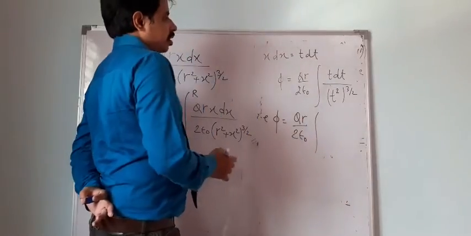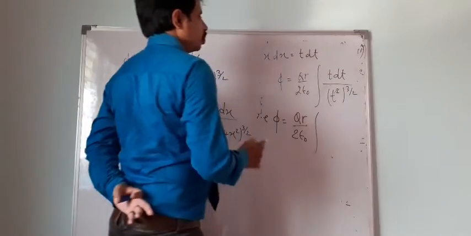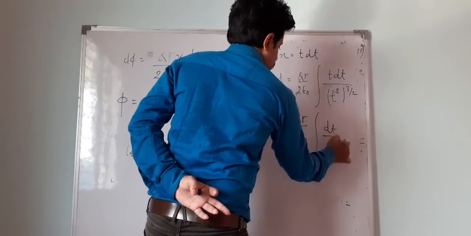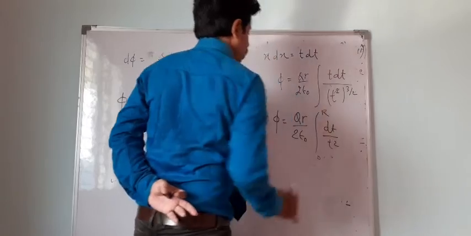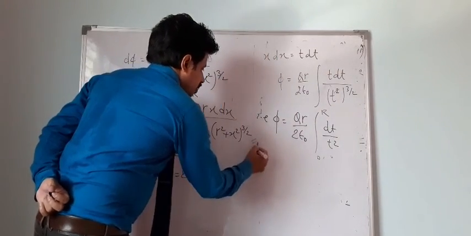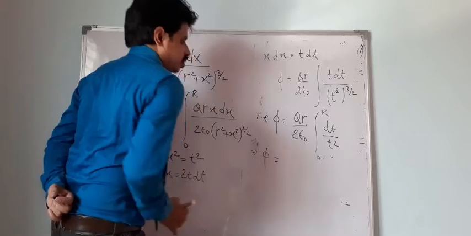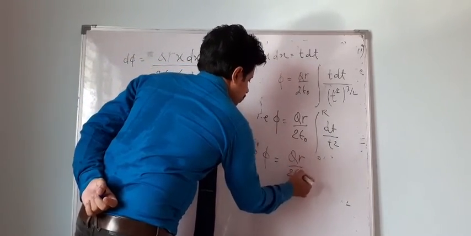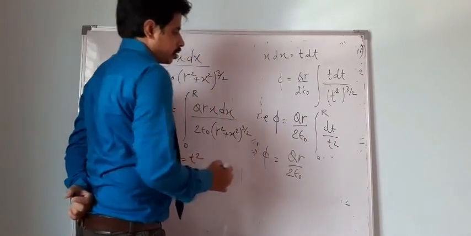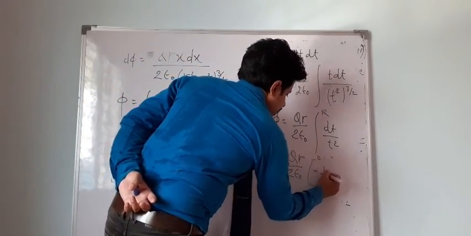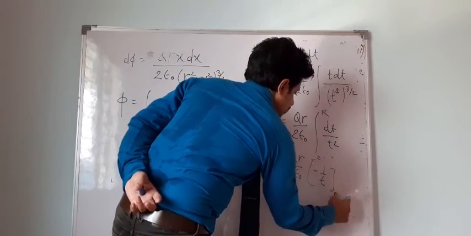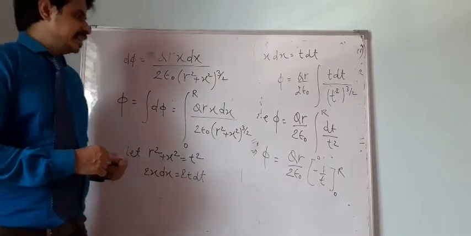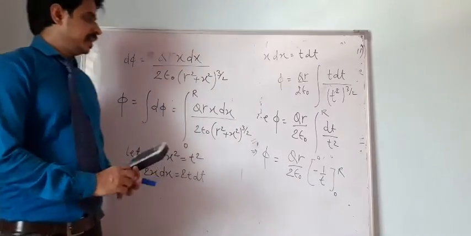That is phi is equal to q r by 2 epsilon naught. This 2 will cancel out, so it is integral of dt by t square. This implies that phi is equal to q r by 2 epsilon naught into minus 1 by t, from 0 to r. 1 by t square, its integration is minus 1 by t.